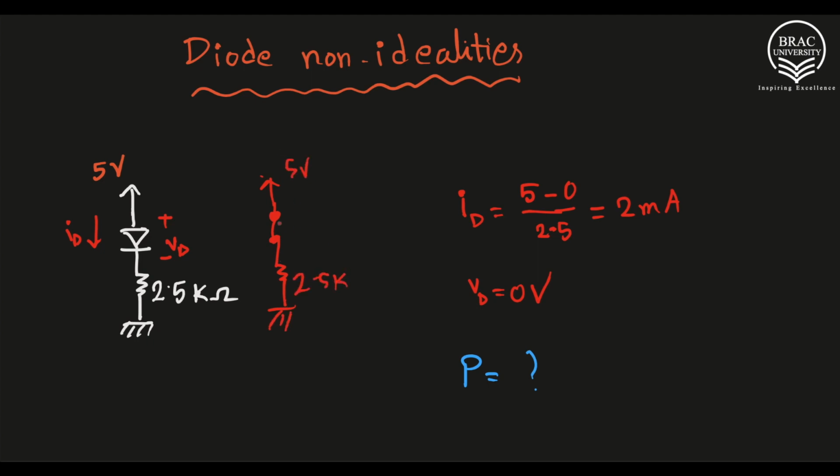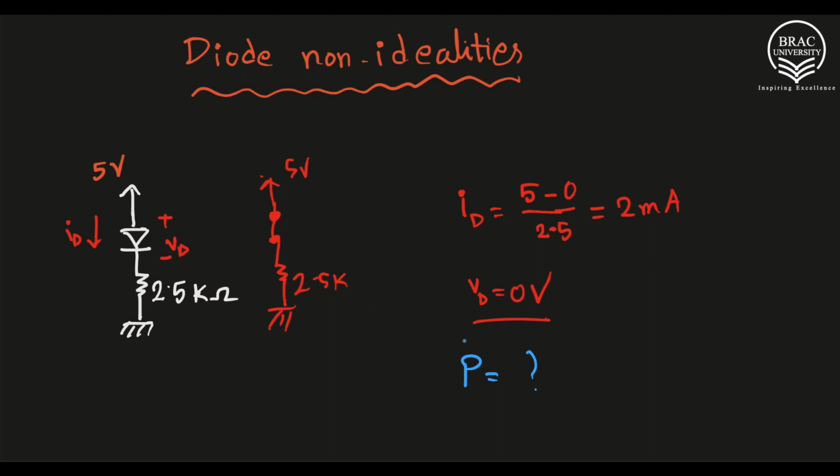The voltage across it will be zero, and the current will be the current through the resistance, which is 5 volt divided by 2.5 kilo ohm, which is 2 milliampere.